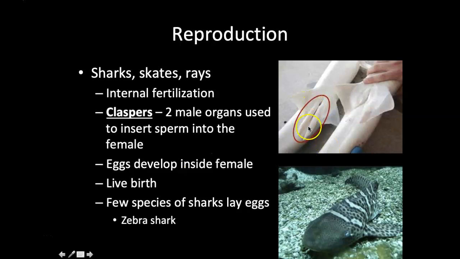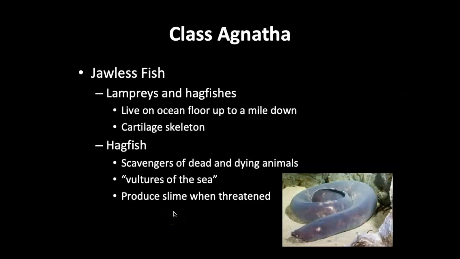So you can see over here, here would be the two claspers. Female does not have that. And so this will lead to internal fertilization. This also can lead to live birth, except there are a couple species of shark, such as the zebra shark, this guy on the right side over here, that can actually lay a fertilized egg, and then that egg will develop from there.